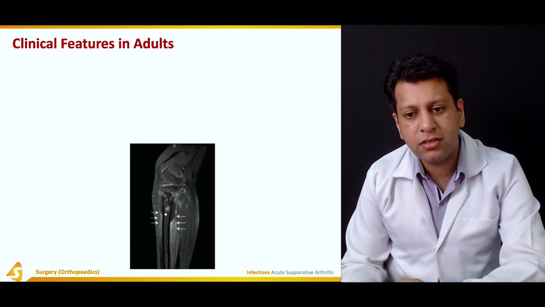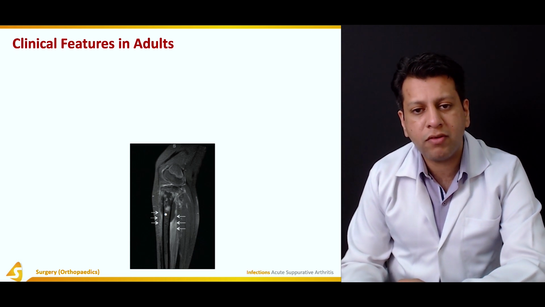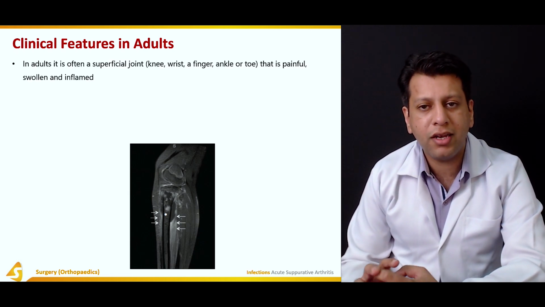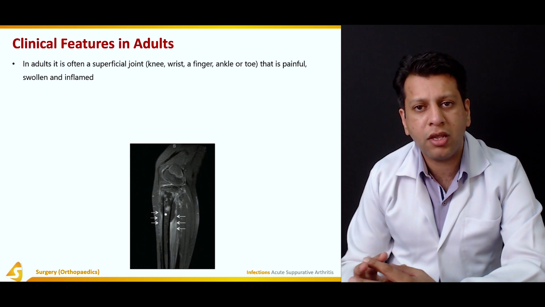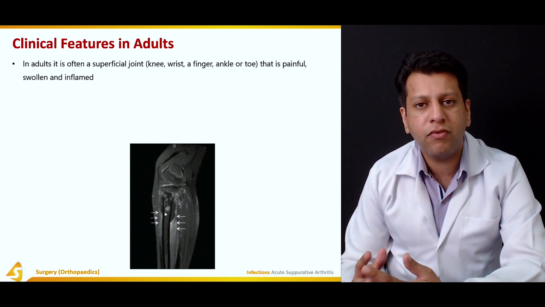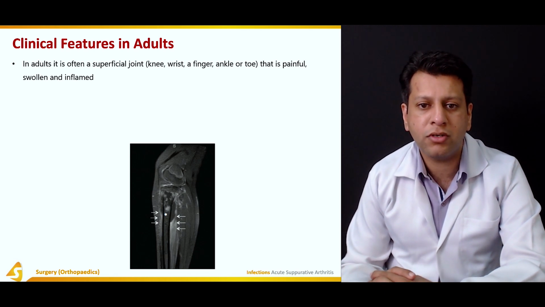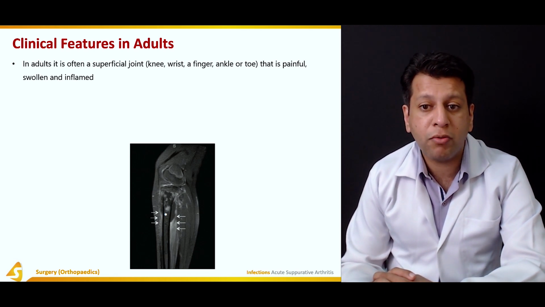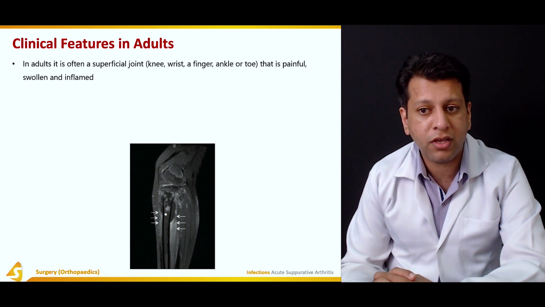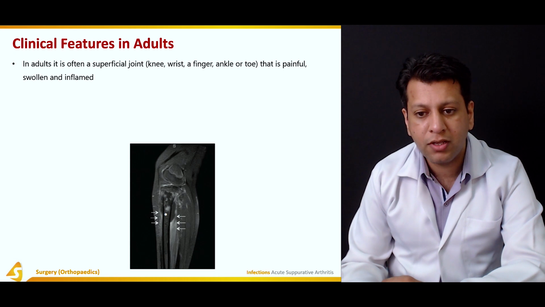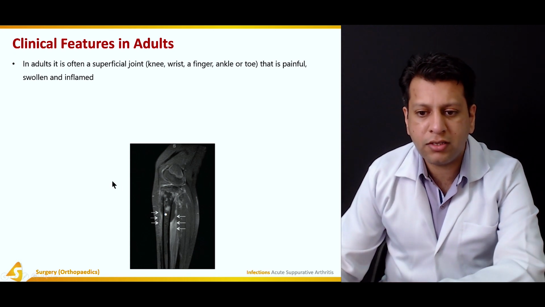Now, in adults, suppurative arthritis may be different. Although the picture is almost the same, usually we know that the course is slightly more chronic as compared to children. In adults, it's often a superficial joint, knee, wrist, finger, ankle, or toe that is painfully swollen and inflamed. And over here, you can see an MRI.